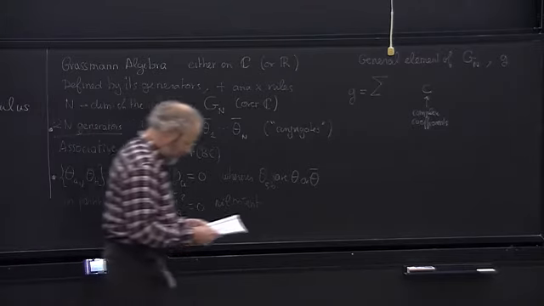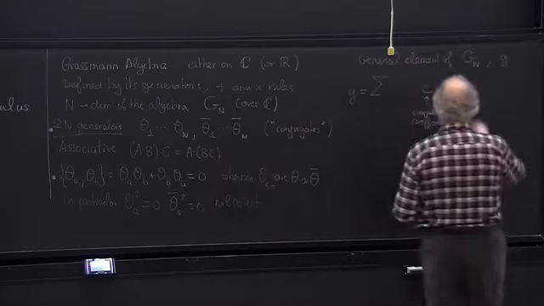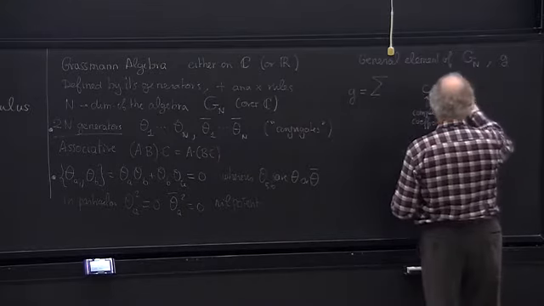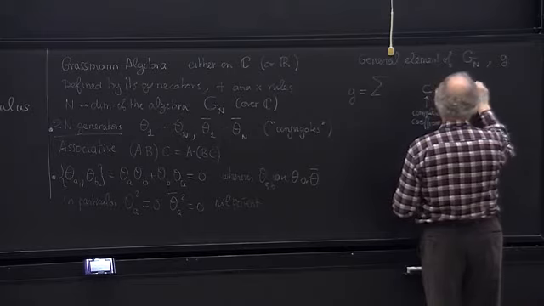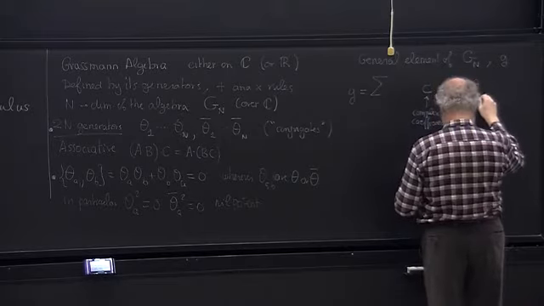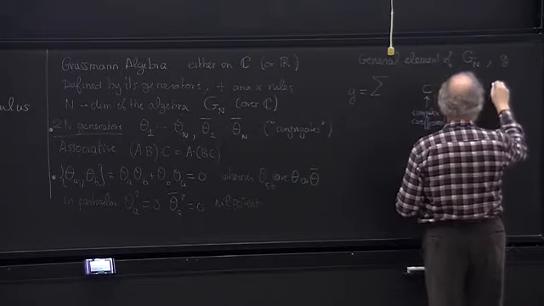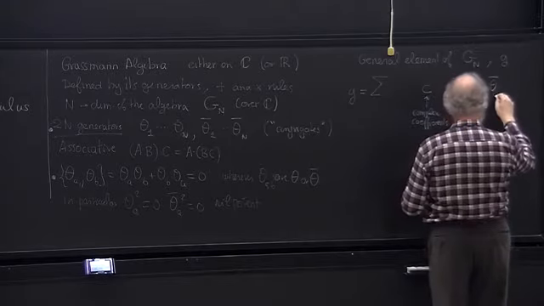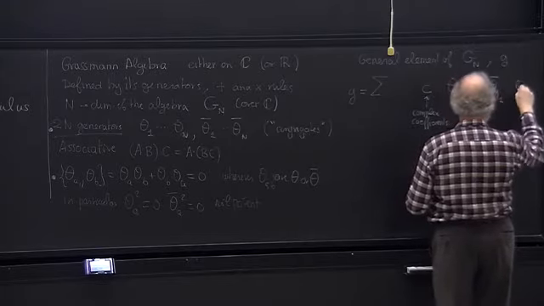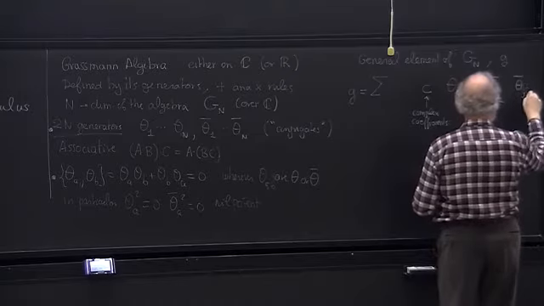So you can always order them so that we have theta I1 up to theta Ik, and then theta bar G1 up to theta bar Gh.